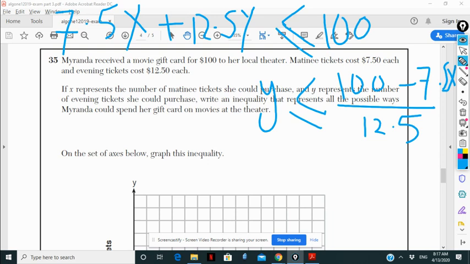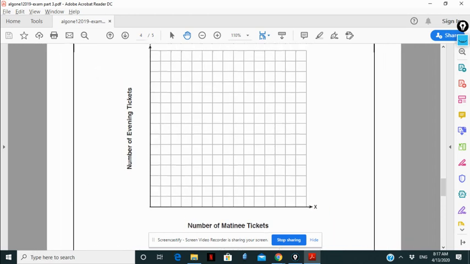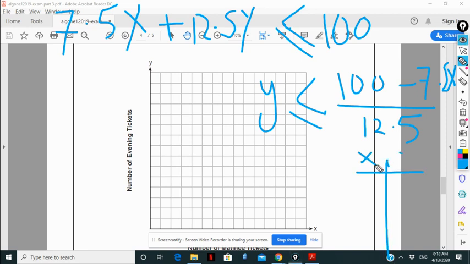Okay, let's move the axis a little bit more to the top. Here's the x value, here's the y value. If x is 0, I'm going to use a calculator: 100 divided by 12.5, y is 8.